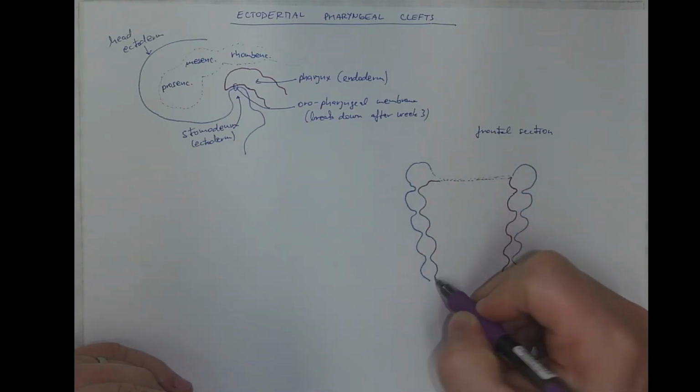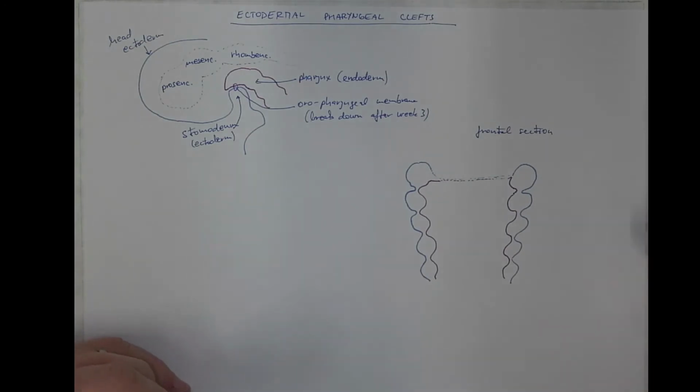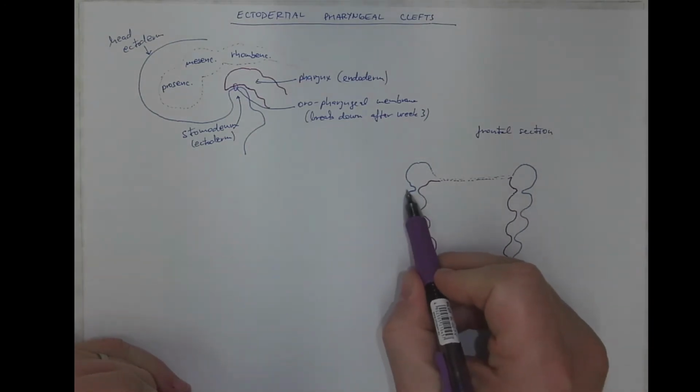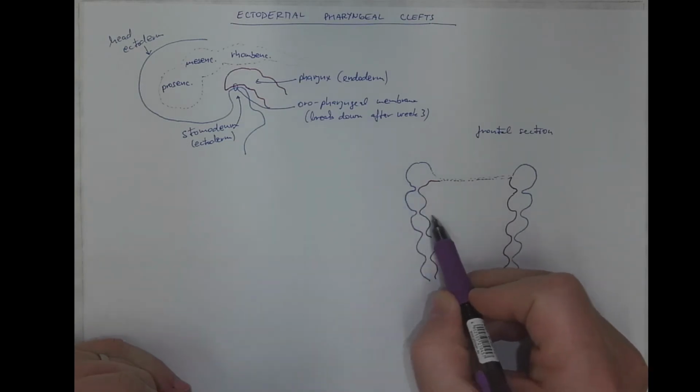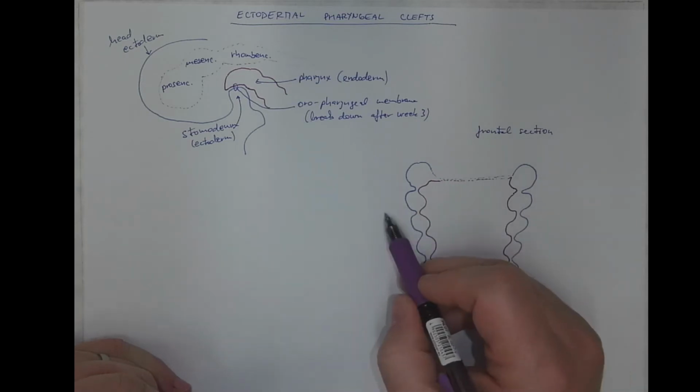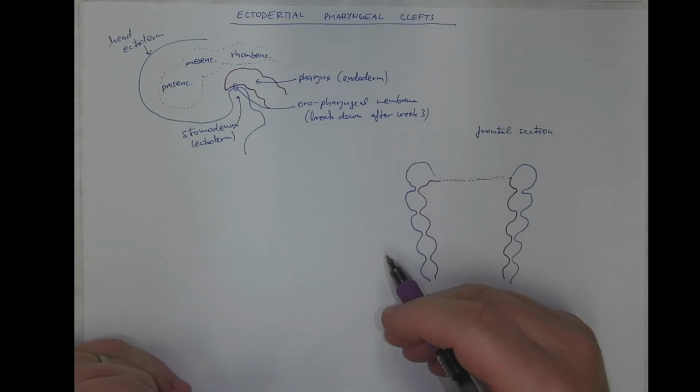In some vertebrates, like in fish, in sharks, these clefts and pouches perforate completely, making the pharynx communicate with the surroundings. But that's not true in mammals.